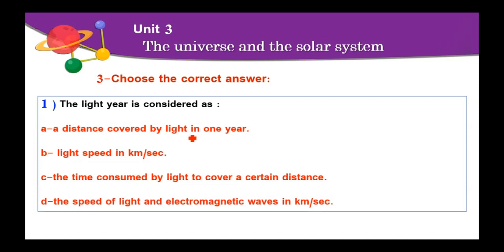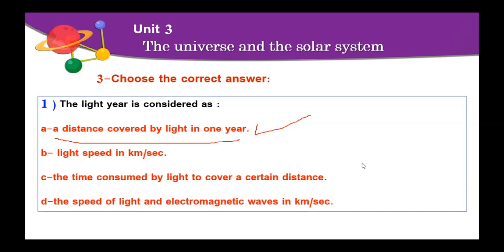The definition of the light year: the distance covered by light in 1 year. That is answer A.